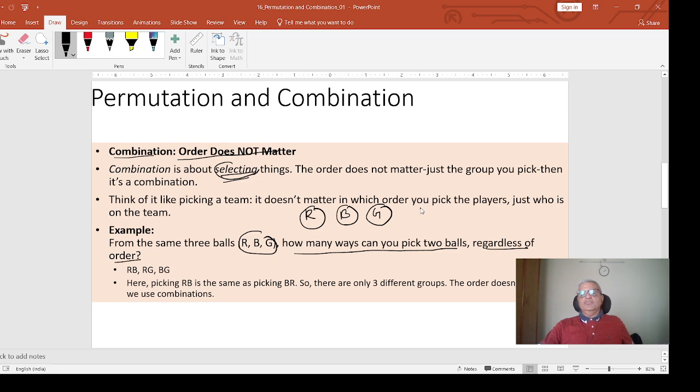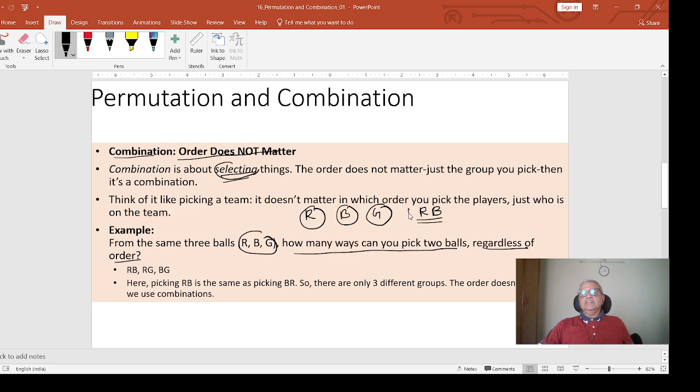One of the ways is to pick red and blue. When you pick red and blue regardless of order, red and blue is the same as blue and red. So here order doesn't matter, whereas when we arranged them in a line, RBG and RGB were treated separately.